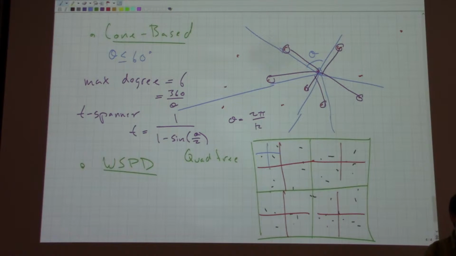And so what you do is, once you have these, for each cell at each level, you're going to keep essentially one representative, somewhat arbitrarily. So at the top level, I'll keep these representatives, and then at the next level down, each cell gets one representative.